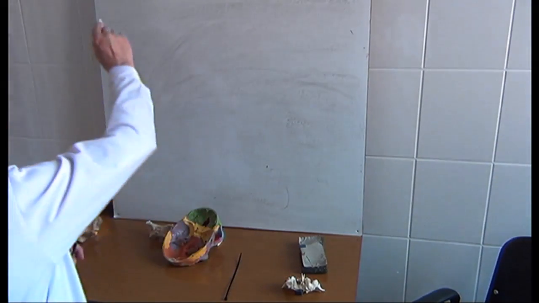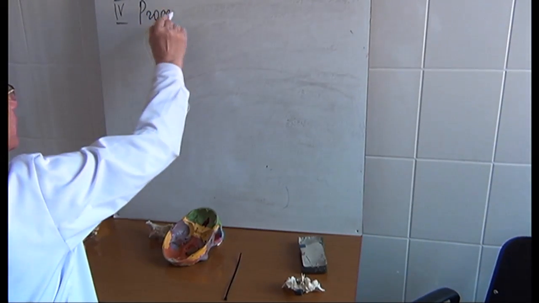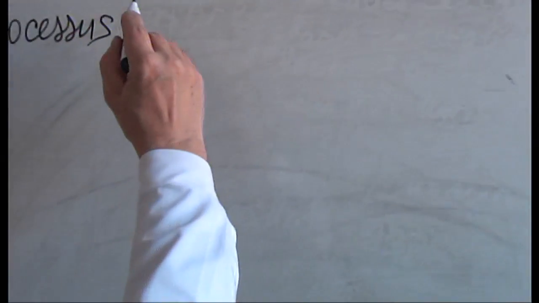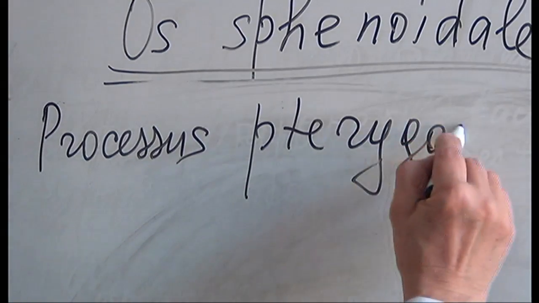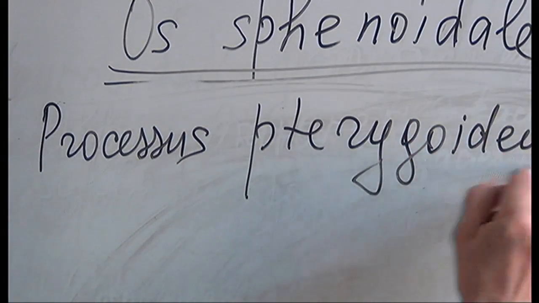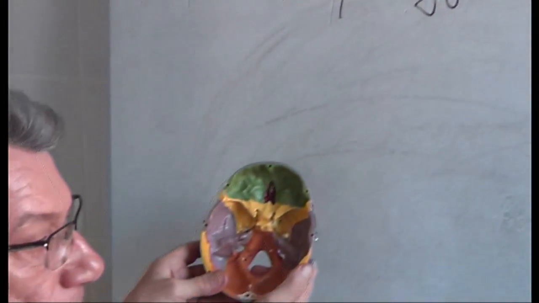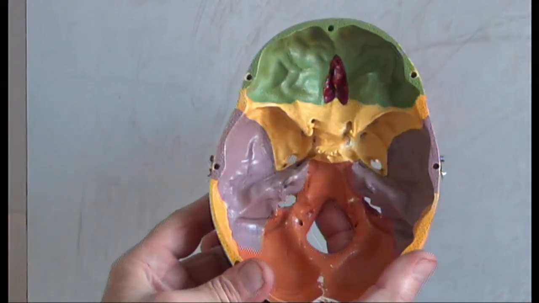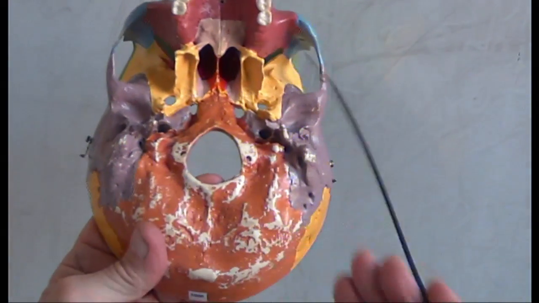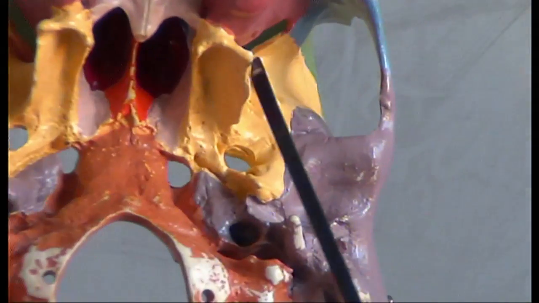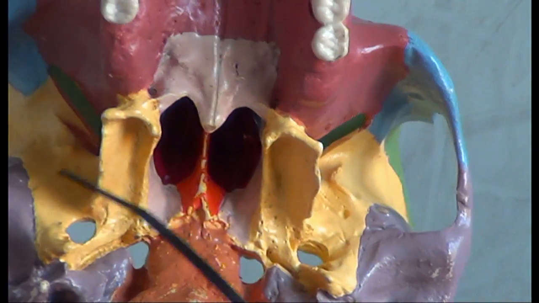Number 4, processus pterygoidus. To find it, we need to turn the skull to the outer surface. Here it is, processus pterygoidus. It's a paired structure.